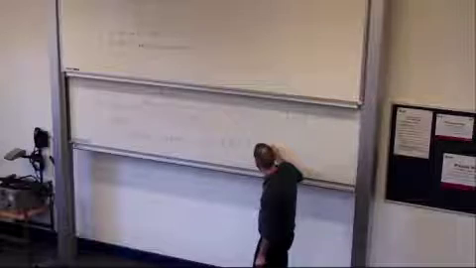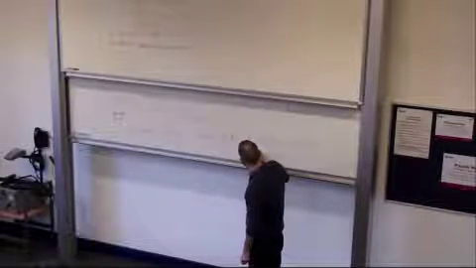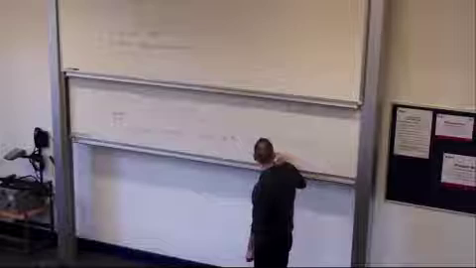Which now can be rewritten as beta, beta, 0 plus minus 4 alpha, 0, alpha, which can be rewritten as beta times 1, 1, 0 plus alpha times minus 4, 0, 1. What does this mean?